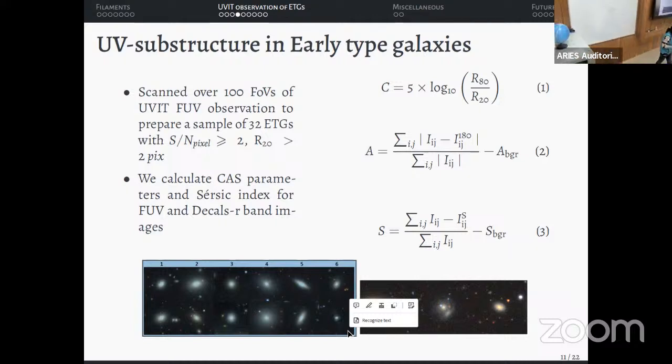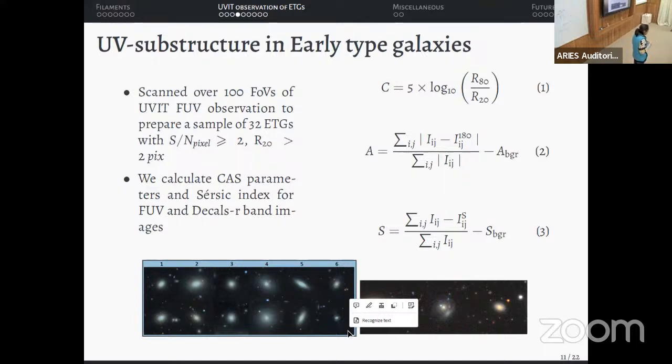There are different kinds of photometry that you can do to find the total light of galaxies, Petrosian, anything.